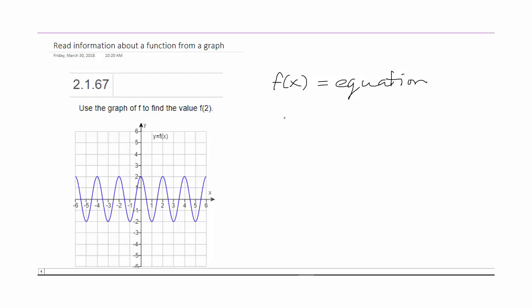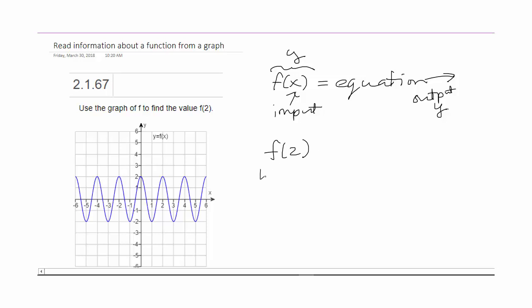Okay, and so remember that when we plugged into that, we plug in the input x, and we got out the output, which was our y value. So this guy is our y value. X is the input, the output is f of x or y. All right, so when they ask you to find f of 2, what are they really asking you?